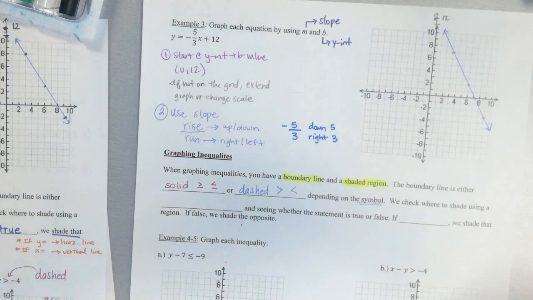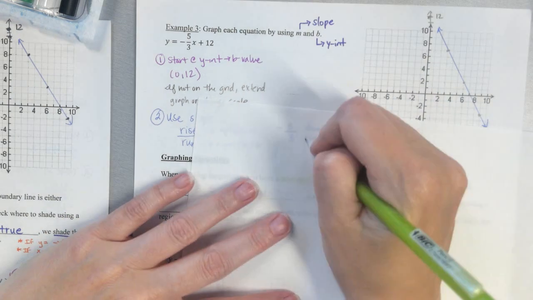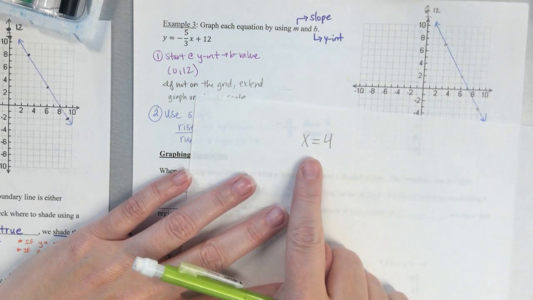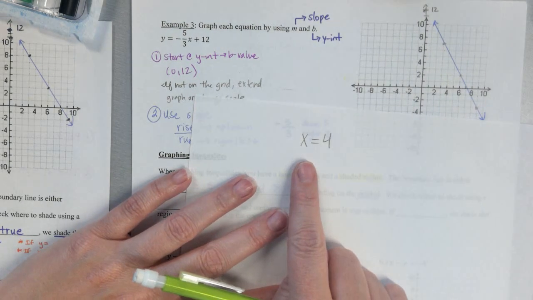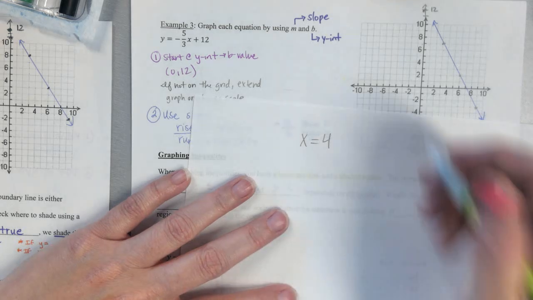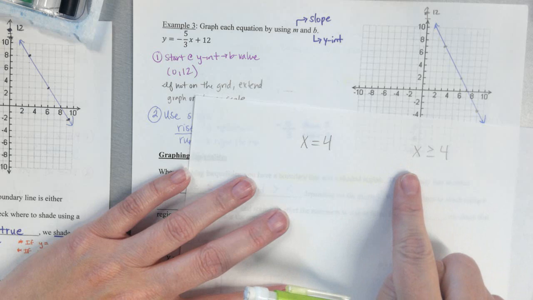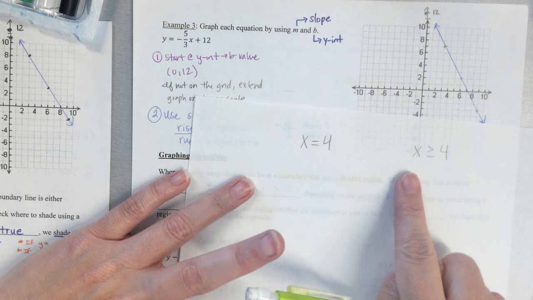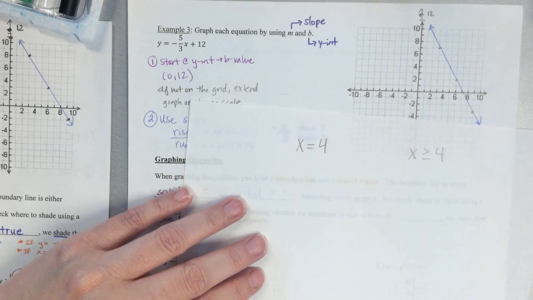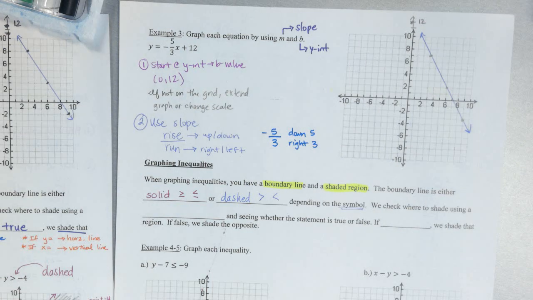So let's talk about a simple one. Something like x equals 4. For something like this, x can only be 4. It can't be anything else, right? But if you had x is greater than or equal to 4, how many numbers would fit that? An infinite amount. That's why we're shading above or below the line for these, okay?